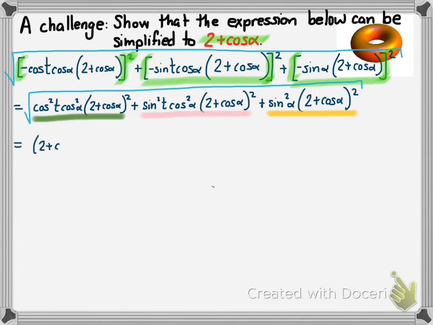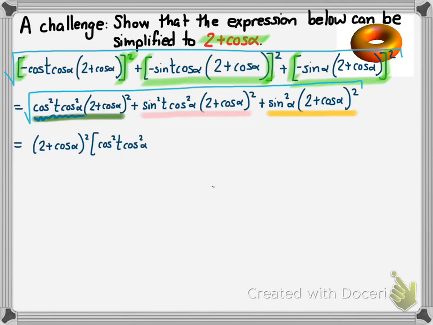So we've got our 2 plus cosine of alpha squared. And then I'm going to open up a big set of parentheses, and what I have left is the stuff. So let's see, what's left over in our first grouping? We have cosine squared t times cosine squared alpha.